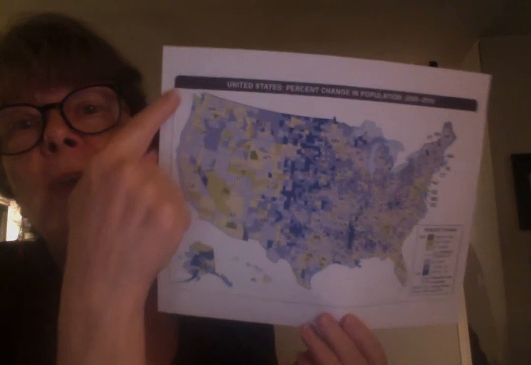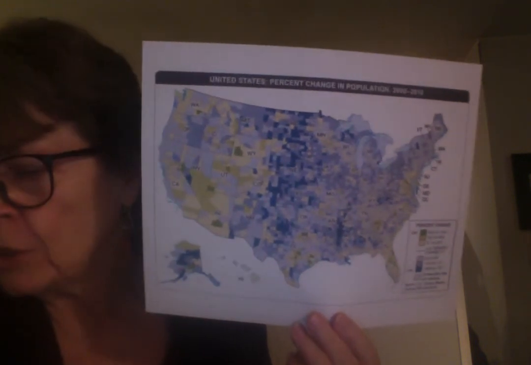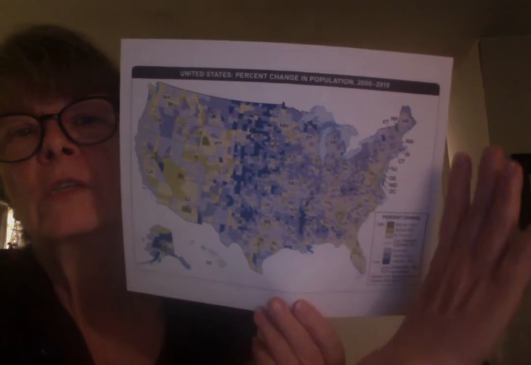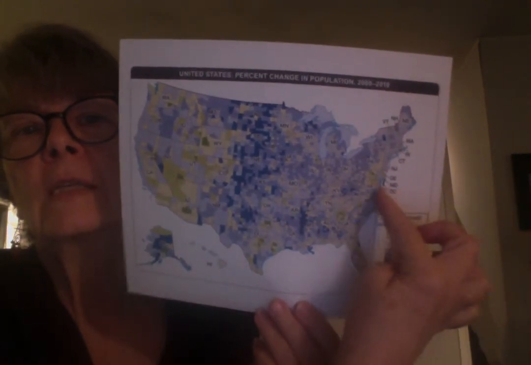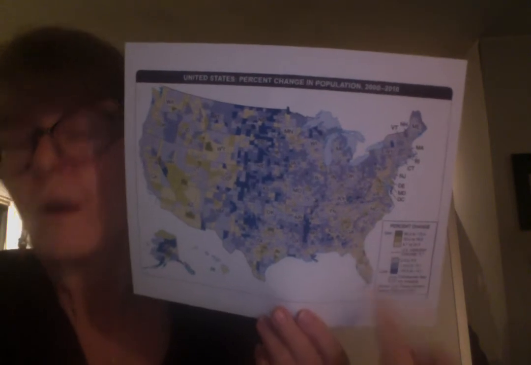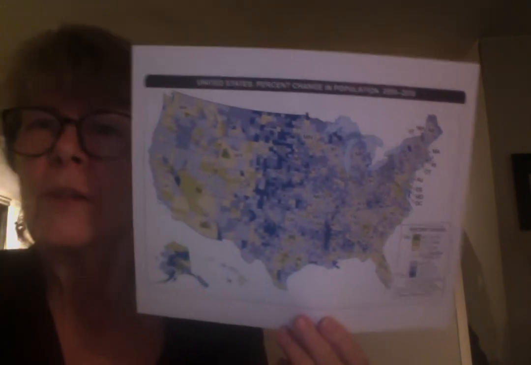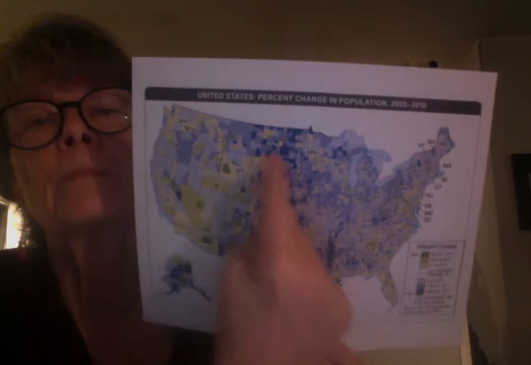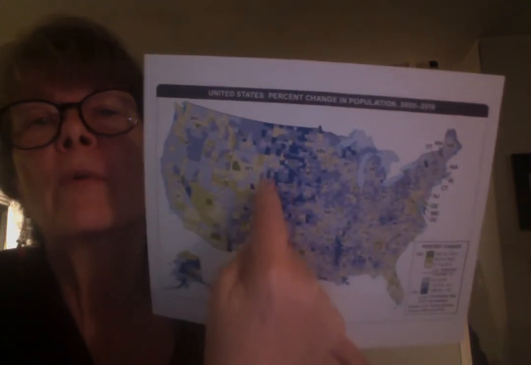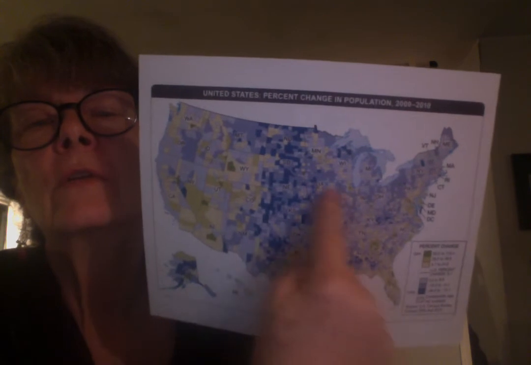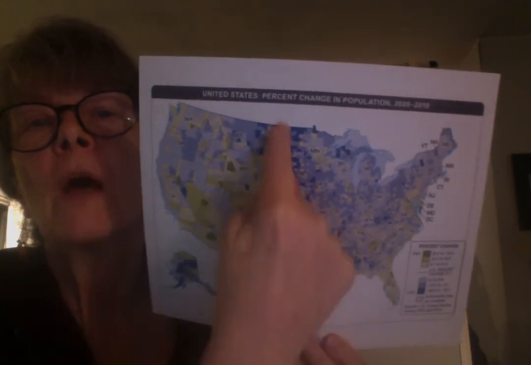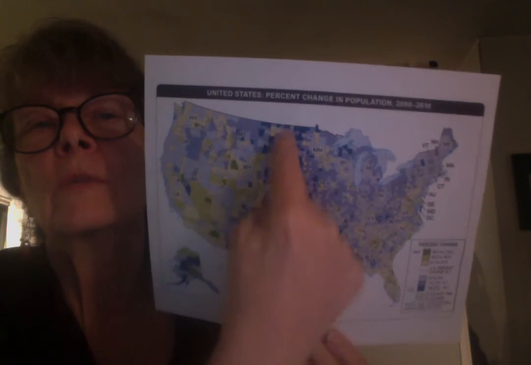So we have the West Coast, not very much dark blue. The South Atlantic Coast, here's the Atlantic Ocean. This is the southern Atlantic coast down here. Not very much dark blue. The Great Plains. The Great Plains are in this area here, from the Rocky Mountains to the Mississippi River and up towards the north.